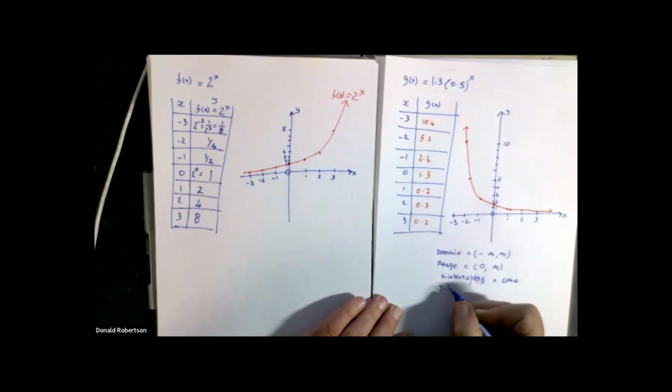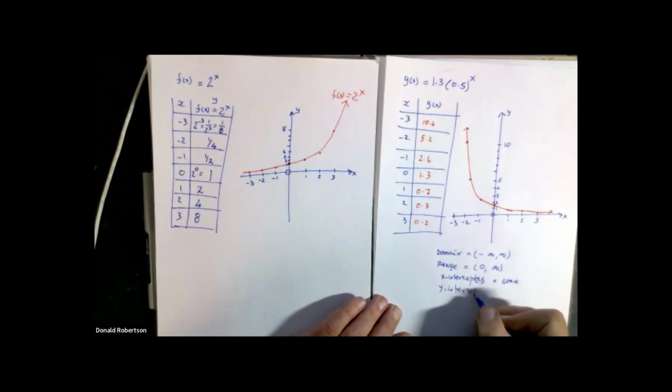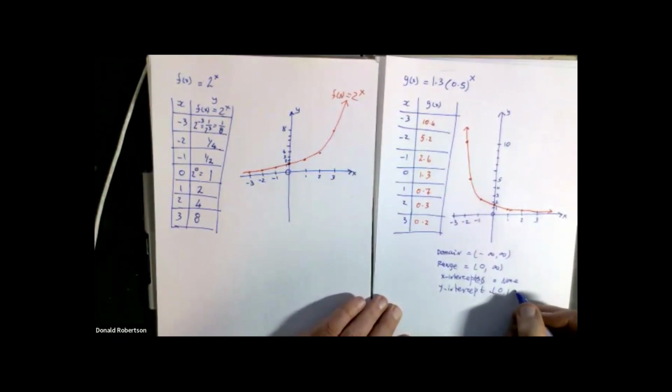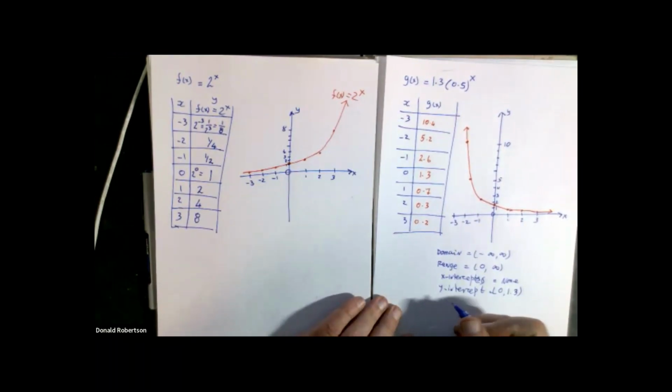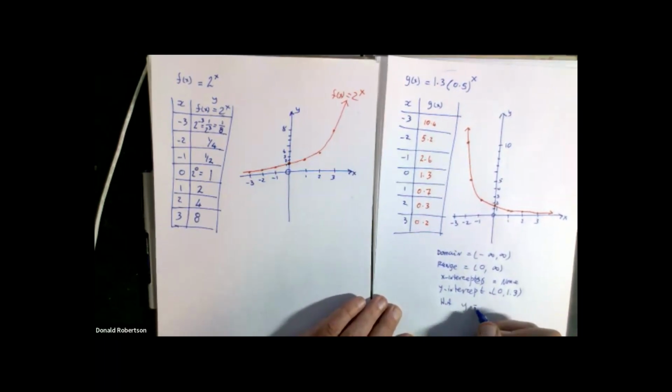It does have a y-intercept, but it's not at 1, as it typically would be for a basic one. It's at (0, 1.3). And horizontal asymptote is at y equals 0, amongst other things.